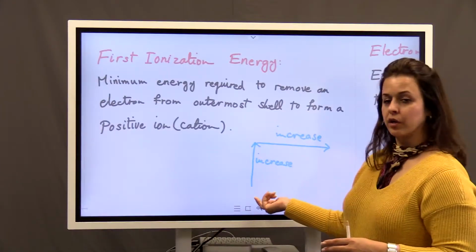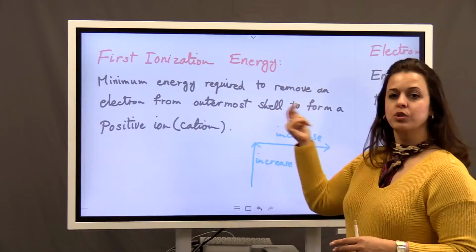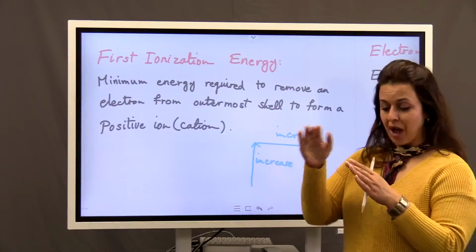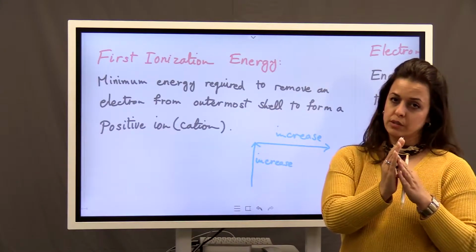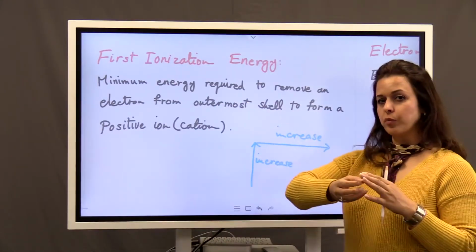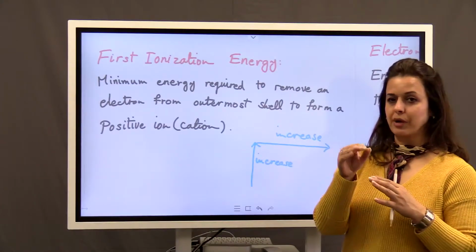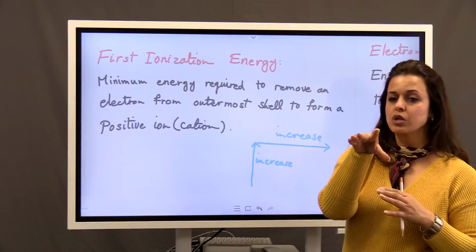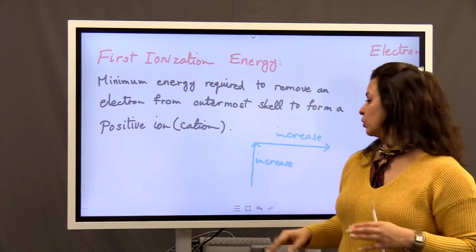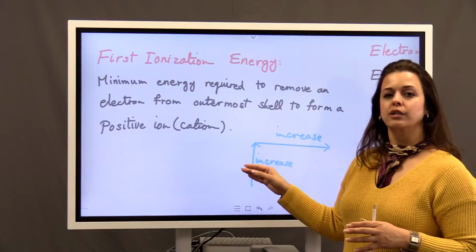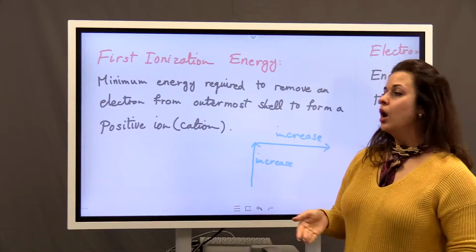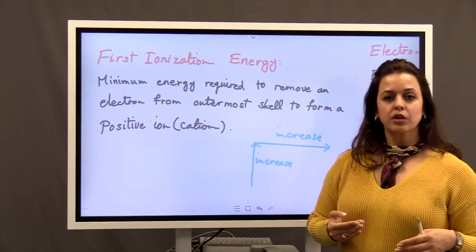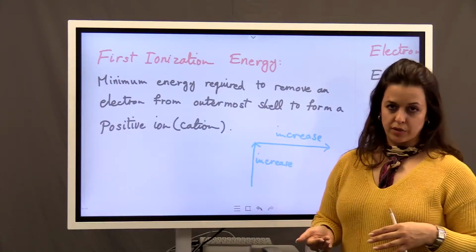And the same here, when you go from bottom to top in a group, you have fewer levels of energy. You're closer to the nucleus. So it's harder to remove the electron when you're closer to the nucleus because the nucleus has a positive charge and pulls the electron. So it doesn't let you remove the electron that easily. So the trend for atomic radius change and for first ionization energy change is just the opposite of each other. Okay?